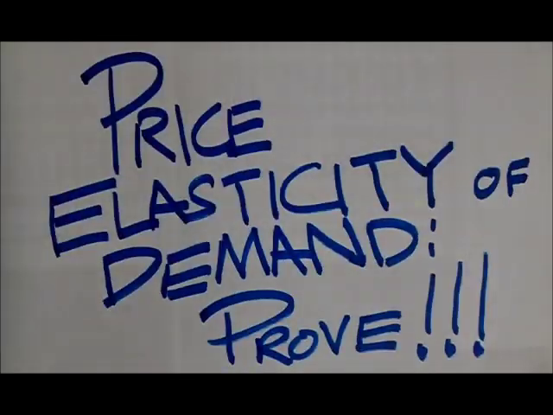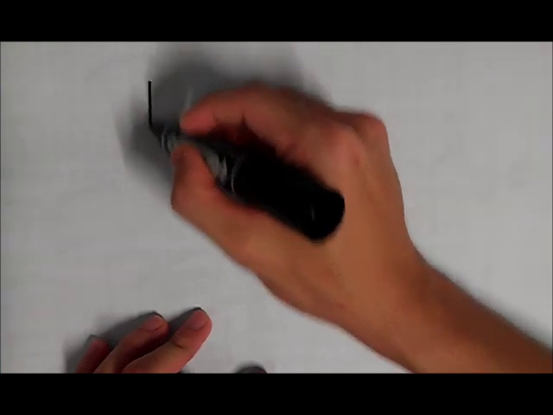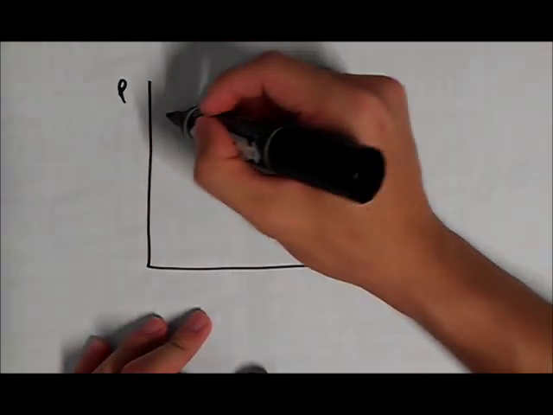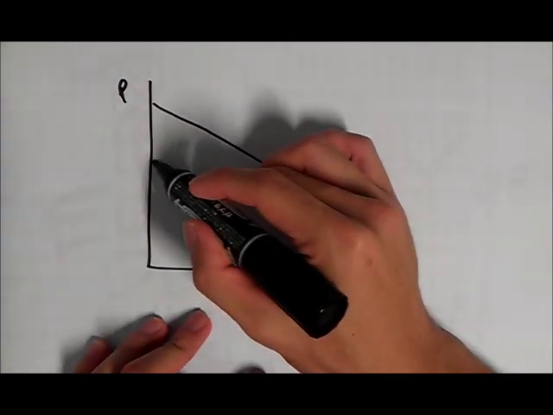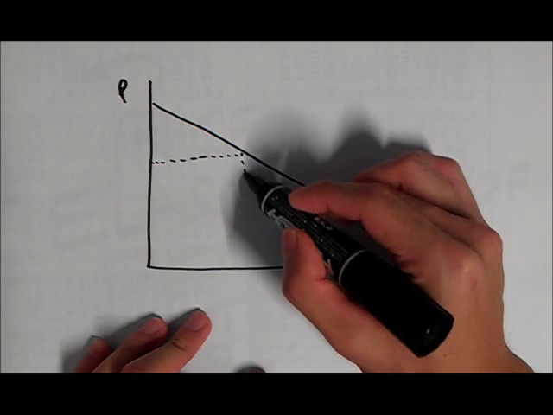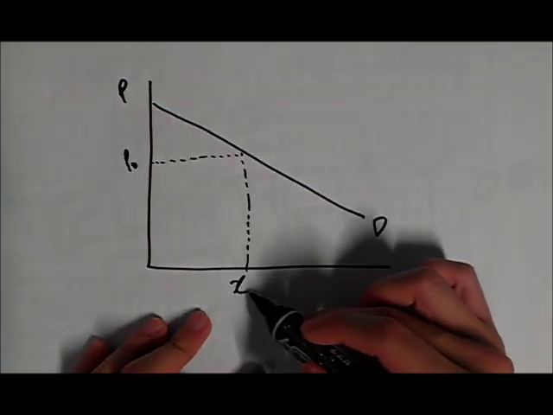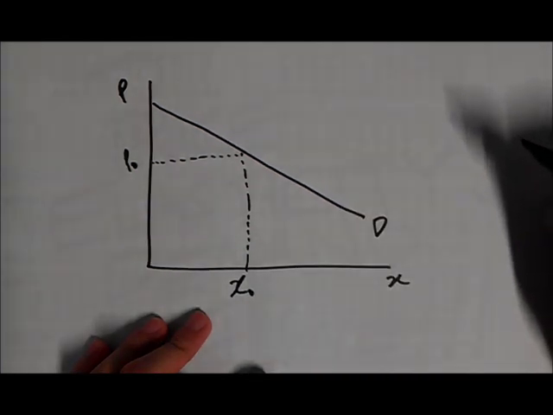Now we know that when we encounter price elasticity of demand, let me show you this graph. This is our demand curve over here. This is our original price of P0, and original quantity demanded of X0.